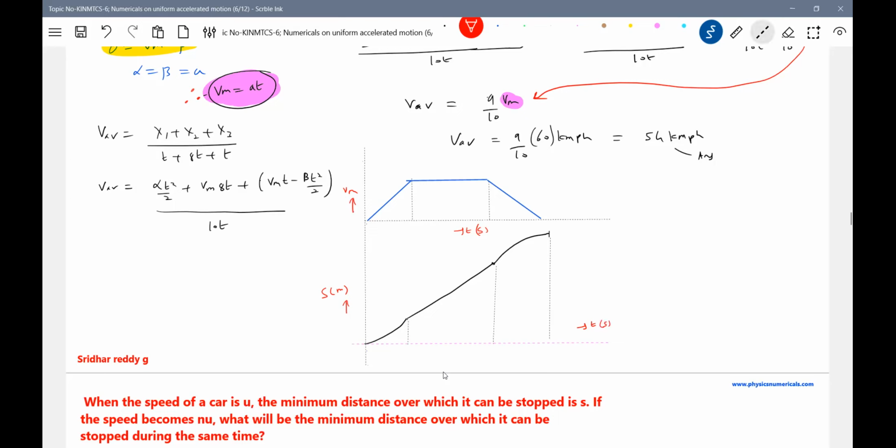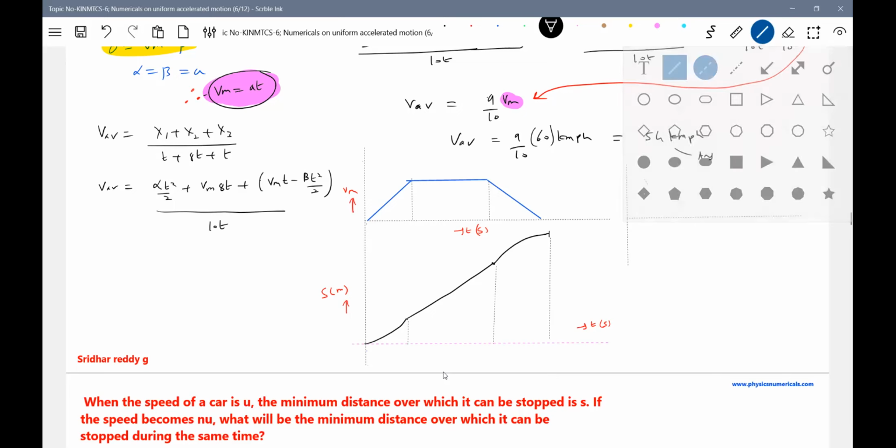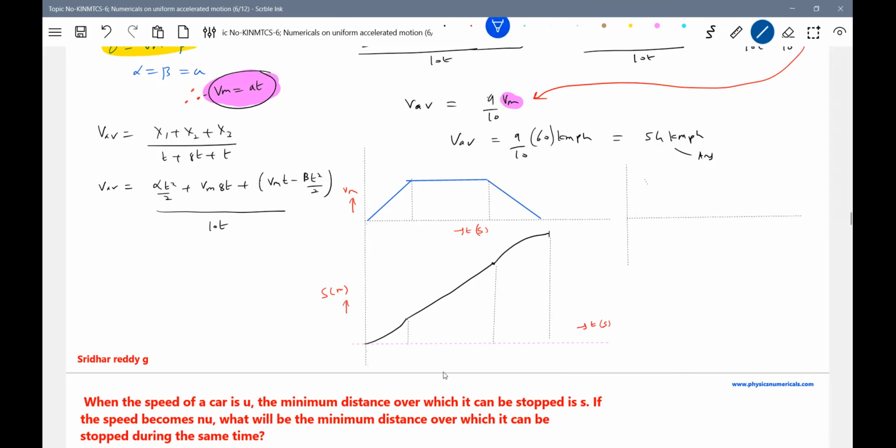Sir, can you plot the acceleration versus time graph also? You are showing only these things. Okay, let's try that also. First, acceleration. So acceleration, how do we represent? Then uniform velocity motion, acceleration will be 0. Then retardation.